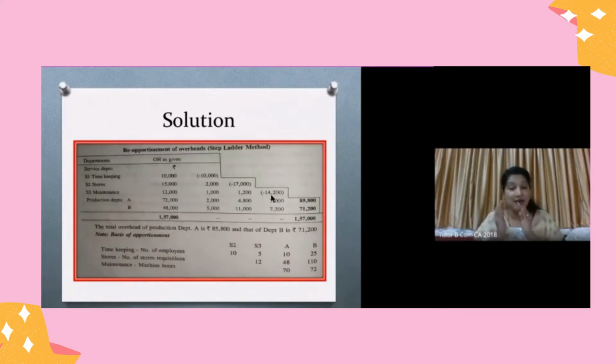And since it is the last service department, we know that all the expenses will be redistributed to production department A and B. That's what we are doing, and the ratio is already given in the question, that is maintenance hours, that is 70:72. We are going to share between that ratio. That's it. We got the answer.